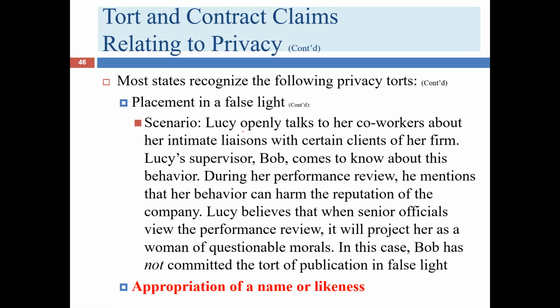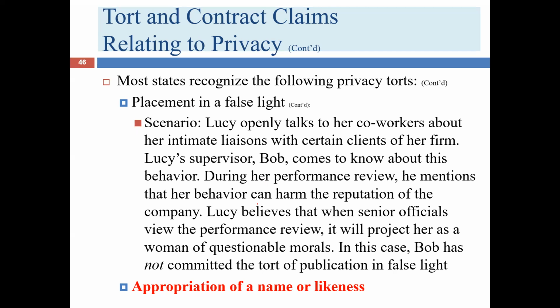So here, Lucy openly talks to her coworkers about her romantic shenanigans with certain clients of the firm. Bob, Lucy's supervisor, hears about this, and he talks to her about it: hey, engaging in this behavior can harm the reputation of the company. If one of these relationships goes astray, we may lose that client as a customer. And Lucy feels like, well, when the senior officials in the organization see this performance appraisal, they will think less of her.